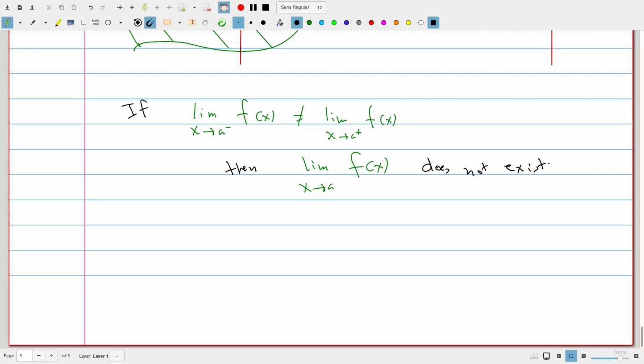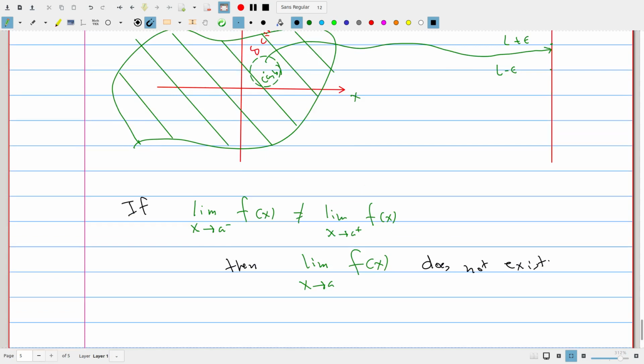Because remember, along the x-axis, there are only two ways you can get to a point. You can come in from the left, or you can come in from the right.